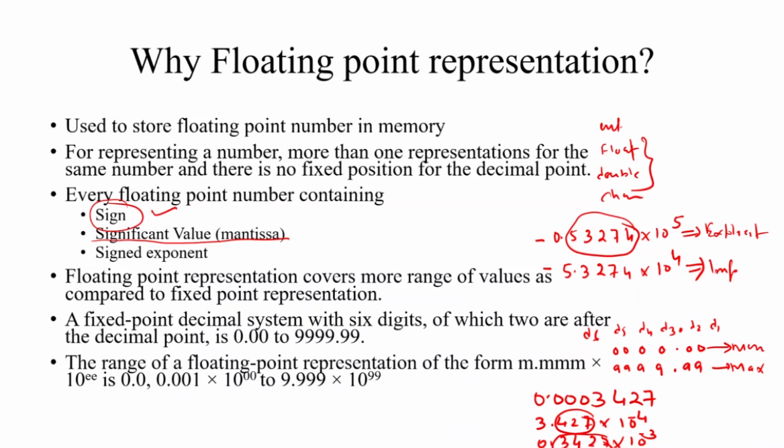Here, when we use this 6 digit representation with a floating point representation, the number looks like this: 4 digits, then 2 decimal digits, multiplied by 10 to the power e.